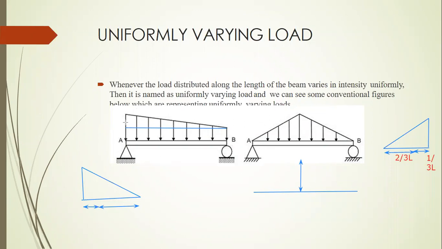This is the rectangle, this is the triangle. So there will be two loads. If this is the beam, for this intensity, it will act exactly at the center. And we know that from the hypotenuse end, for a triangular load, the load will act at 2/3 of the distance.